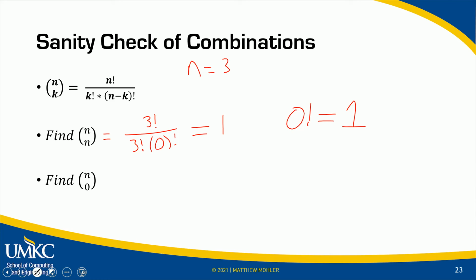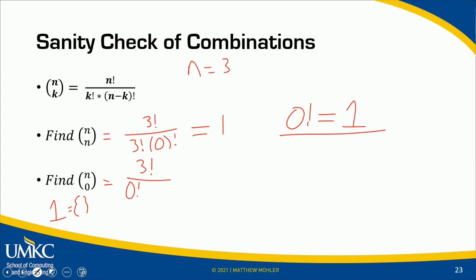Now, the other extreme will say that we have n elements in our set and we are choosing 0 elements of that set. And in this case, there should also be one option for that, and that is the empty set. So plugging this in to check out the math, we would say that we have n choose 0. So n, again, being 3 factorial over k is 0 factorial, which based on that decision we made earlier is just going to be equal to 1.